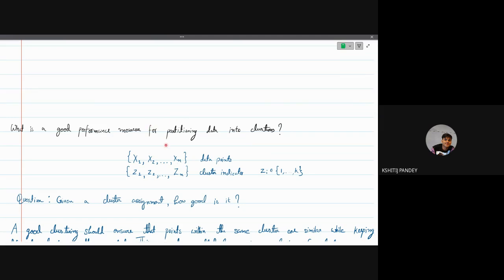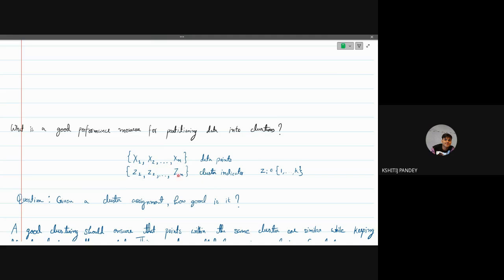Let's say this is your data point, and corresponding to each point you have a cluster indicator. That is, corresponding to x1 you have z1, and z1 will be equal to the cluster where your x1 belongs. If x1 belongs to cluster 2, then the value of z1 will be equal to 2, and so on.